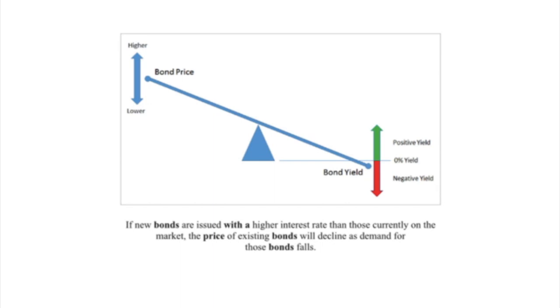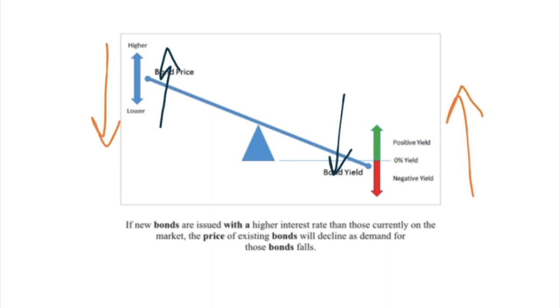So there's an inverse relationship between the market price of the bond and the yield. If the yield falls, then the market price of the bond will rise. And if the market price of the bond falls, then the yield will rise. That inverse relationship is absolutely crucial for this topic.